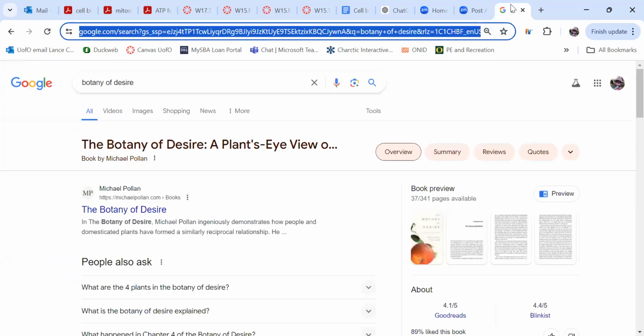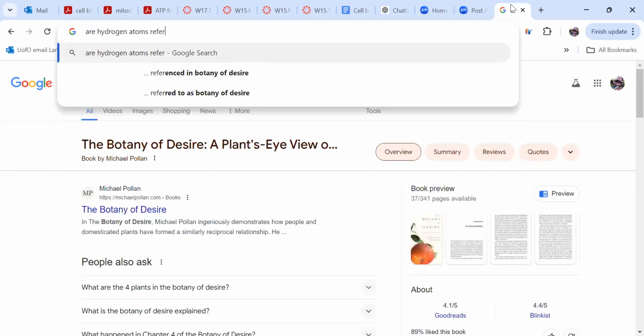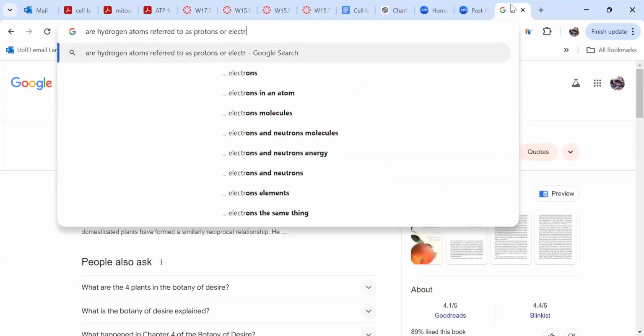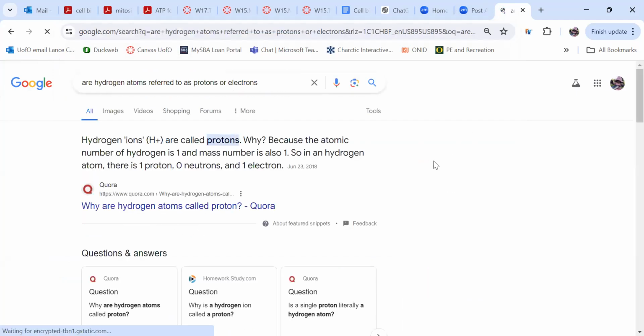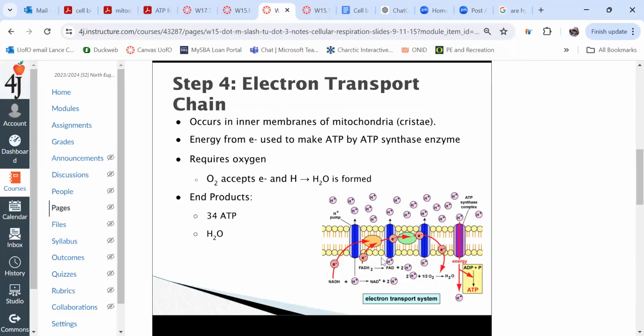Quick research. These are things I should already know. Hydrogen ions are called protons. Cool. That's good. NADH being turned into NAD plus 2 hydrogens.